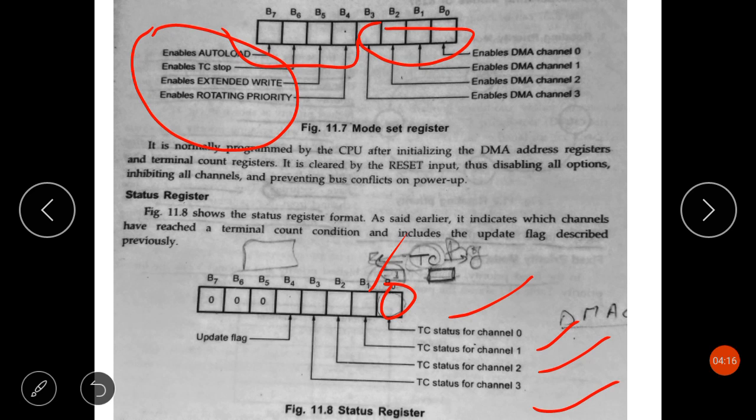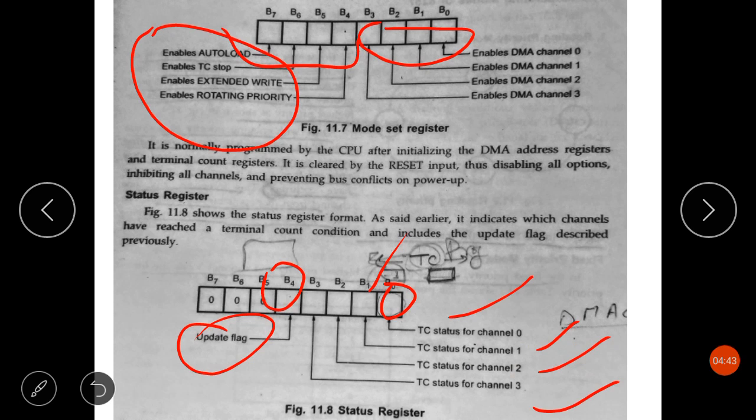The update flag, however, is not affected by a status read operation. The update flag, if 1, indicates to the CPU that the 8257 is executing an update cycle, and in the update cycle the 8257 loads parameters from channel 3 into channel 2.